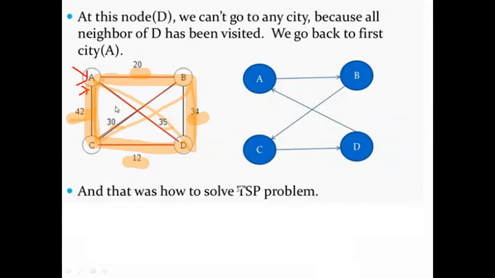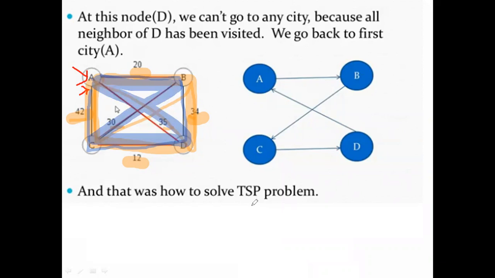Okay. And another solution is A to B, B to D, D to C, C to A. This is one solution. Another solution is A to B, B to C, C to D, D to A. This is also another solution. Okay.